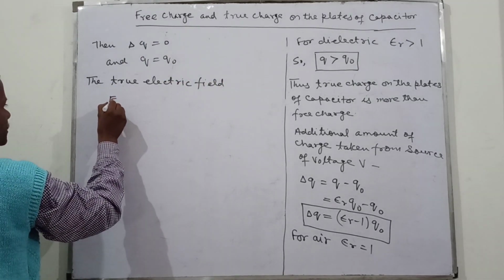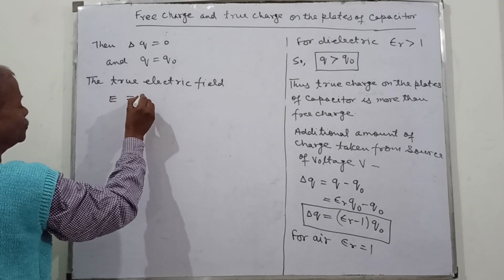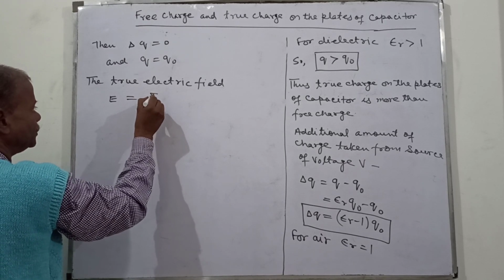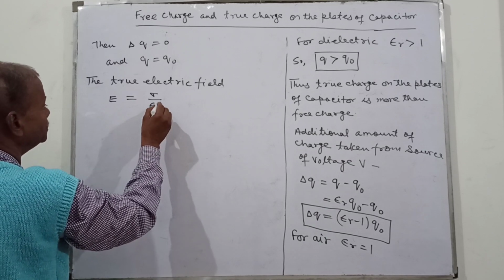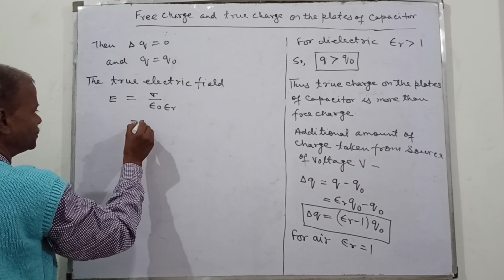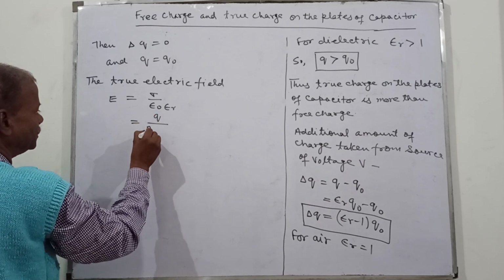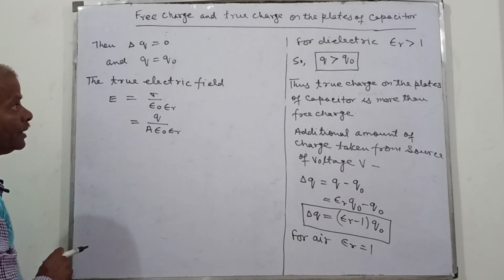This E is equal to sigma upon epsilon naught epsilon r, or this is equal to Q upon A epsilon naught epsilon r.